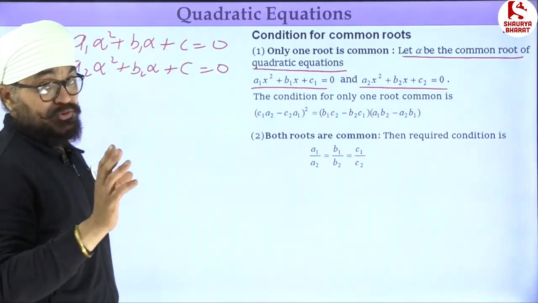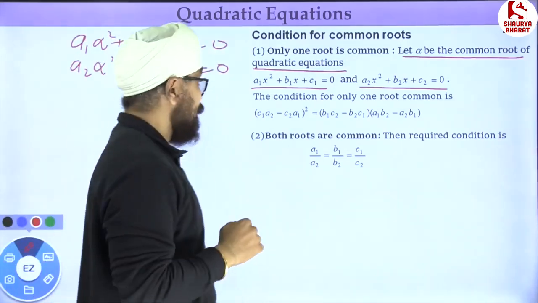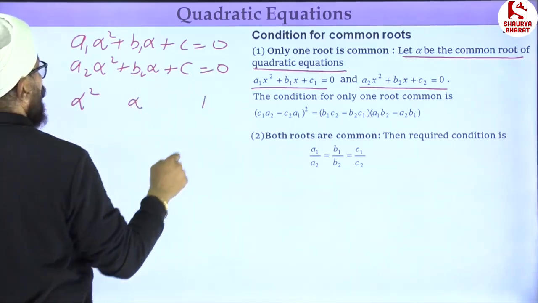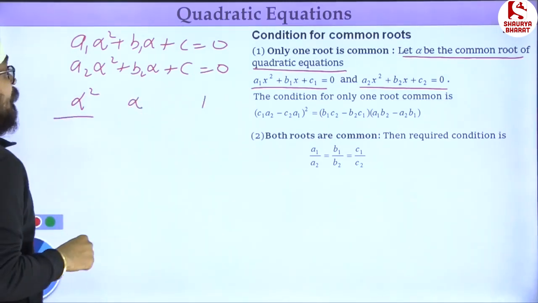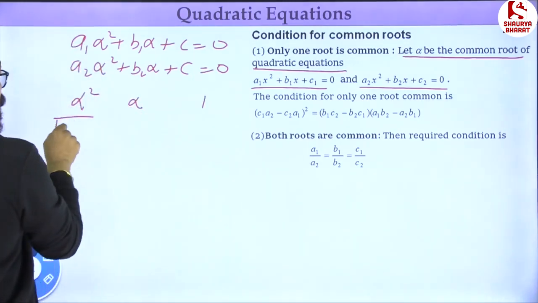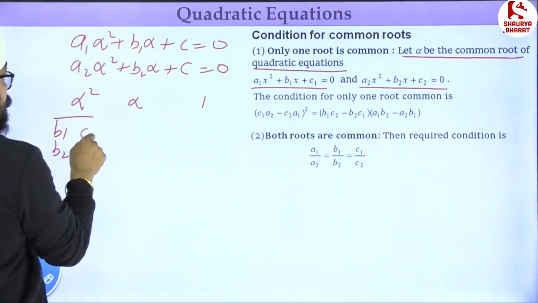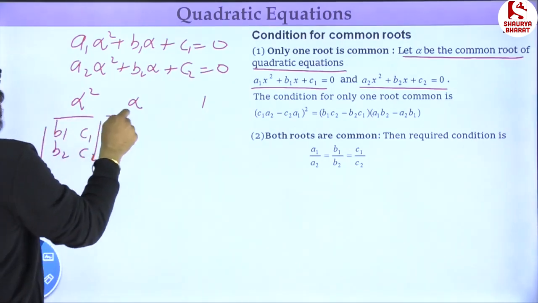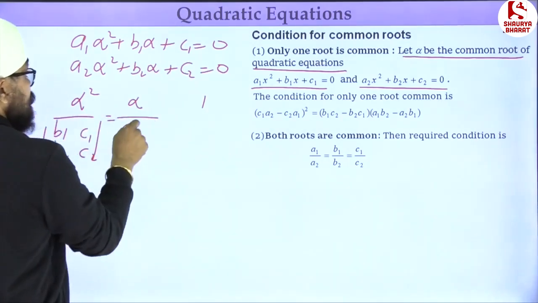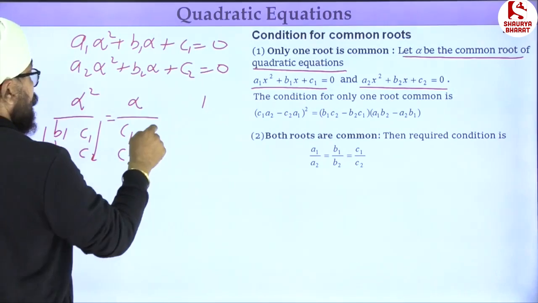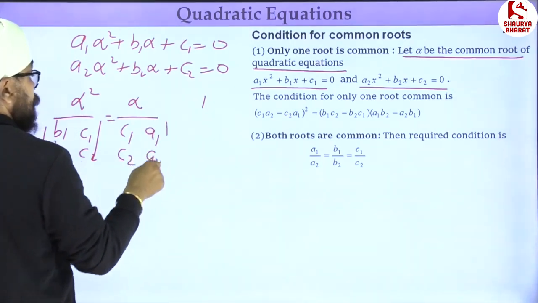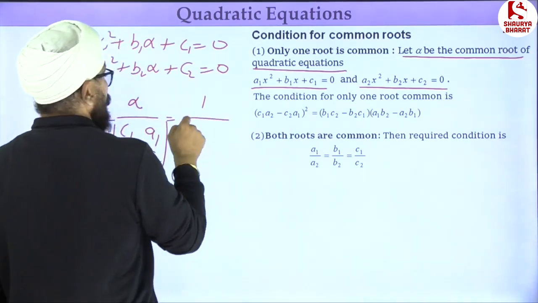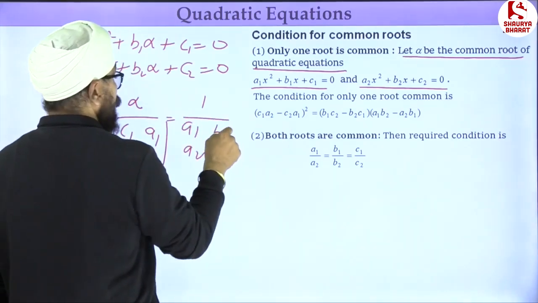By applying Cramer's rule, or the cross multiplication method, we can write alpha square, alpha and 1 in terms of determinants: b1 b2 with c1 c2, then c1 c2 with a1 a2, and a1 a2 with b1 b2.